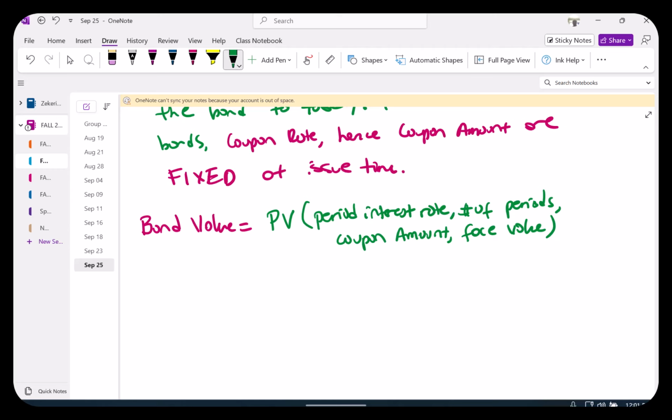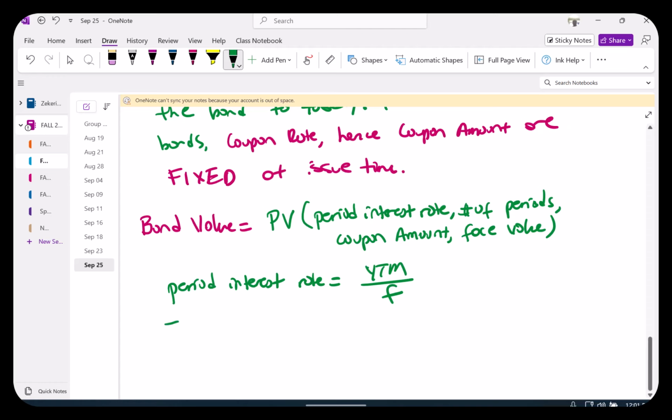Here, period interest rate means yield to maturity divided by the frequency of coupons, because we always refer to yield to maturity in annualized or APR terms.